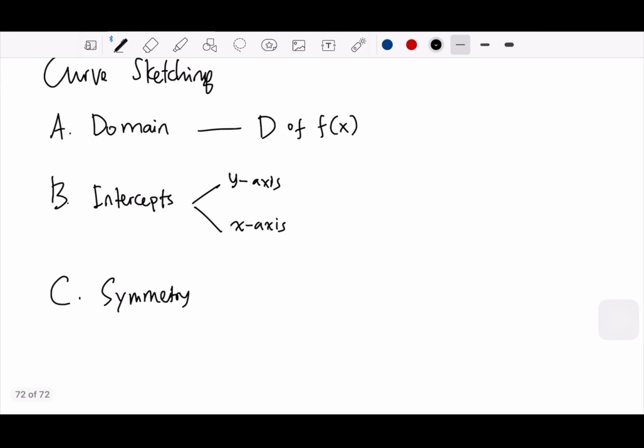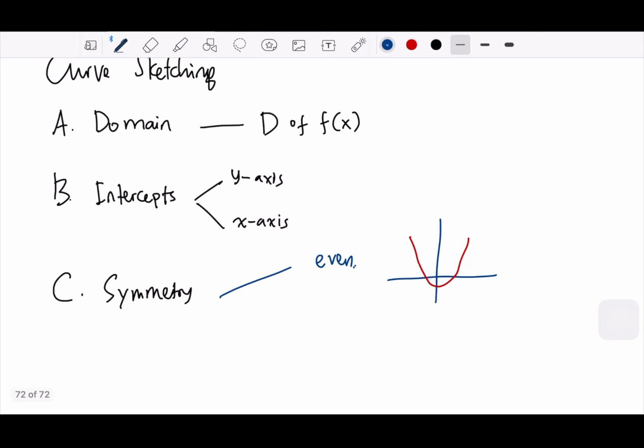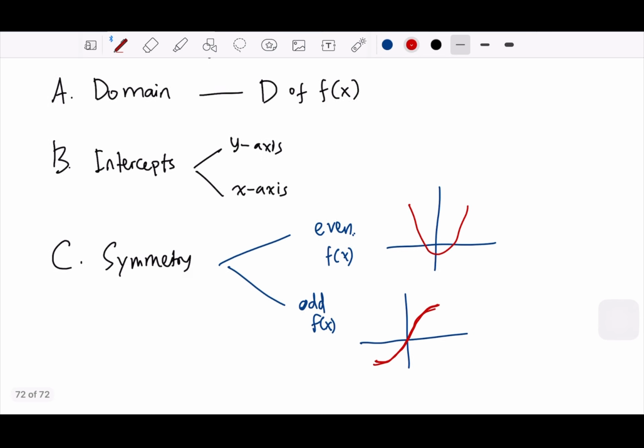If you have an even function, like the quadratic, of course, it's like a reflection. But if you have an odd function, this is probably like the cubic, or anything that is an odd function.